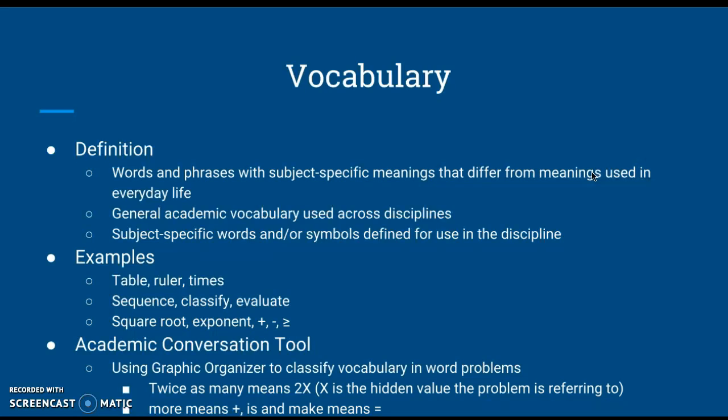So x is the hidden value of the problem that it is referring to. Or putting vocabulary such as "more" and on the right-hand side the symbol of plus. "Is" and "make" mean equal, and in that case it would be for solving word problems. So graphic organizers can help enhance students' lessons.